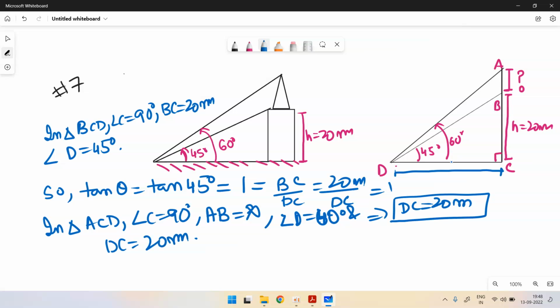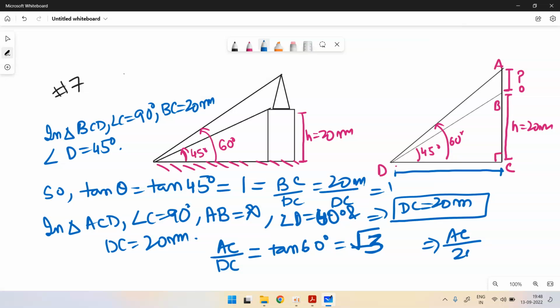So AC by DC is nothing but tan of 60 degrees, and tan 60 is root 3. Which implies that AC by DC is root 3, so AC is 20 root 3 meters.